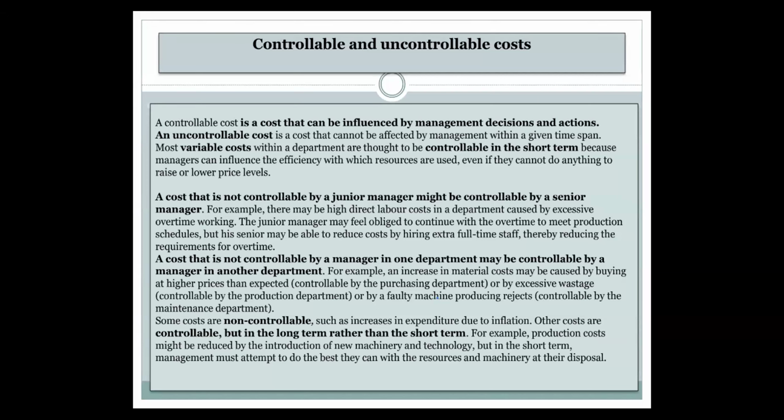For a company, if we discuss about a person, we can say the cost that I can control is my controllable cost, and the cost I cannot control, that is not in my control, is my uncontrollable cost. Like for a company, the cost that can be controlled by a company's officers, employees or owner are the controllable cost, and those that cannot be controlled by a company are uncontrollable cost.